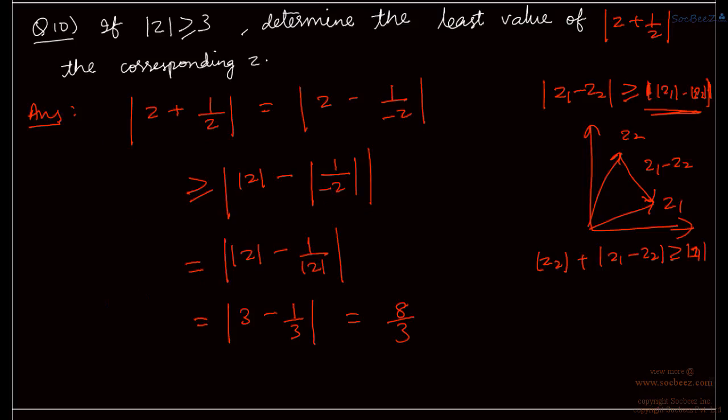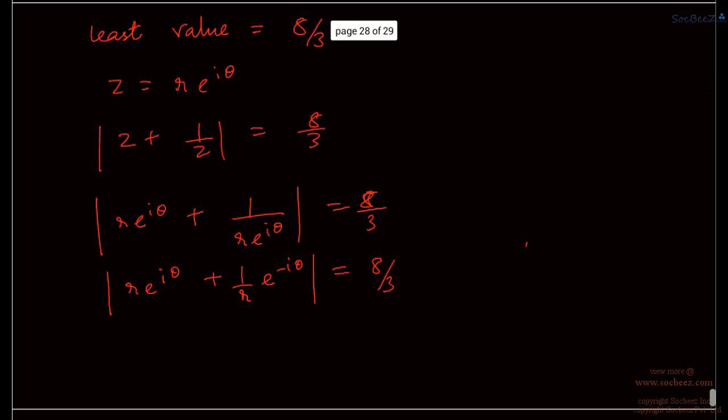Now let us look at the question. The question says mod z should be greater than or equal to 3. For the least value, it's pretty obvious that r should be equal to 3, right? So putting r equal to 3, we get 3 times e power i theta plus 1 by 3 e power minus i theta.